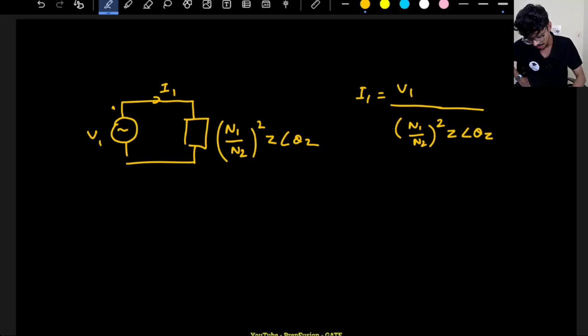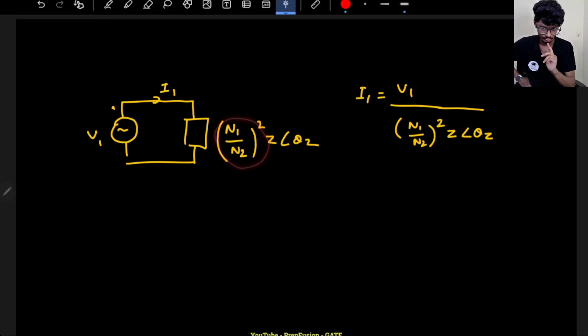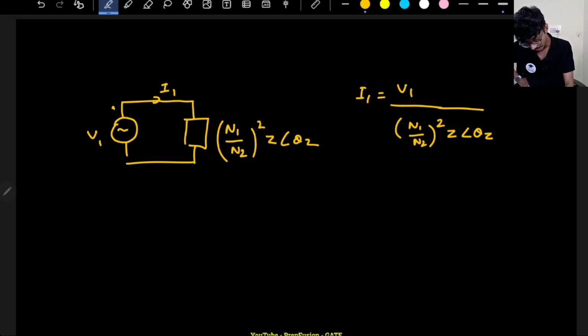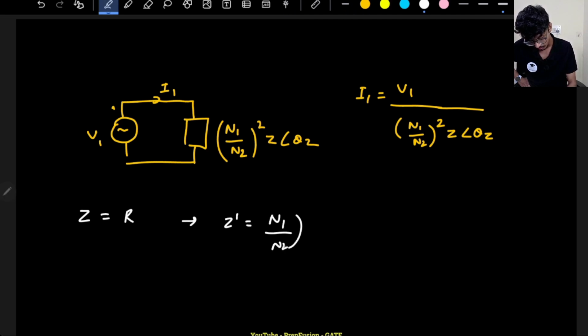So just one thing you have to keep in mind. Impedance is getting multiplied by N1 by N2 whole square. So if my impedance is simply a resistor, the referred resistance R dash will be N1 by N2 whole square into R. This was point 1.